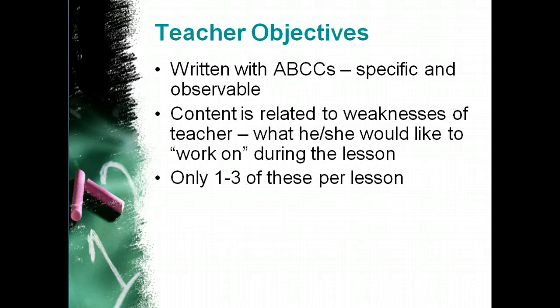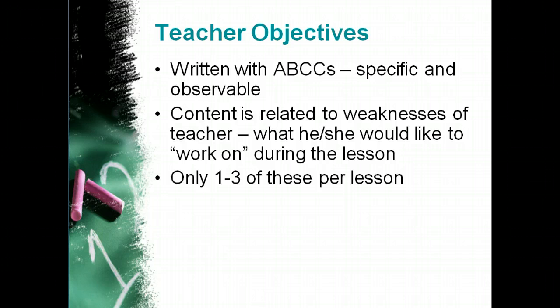The teacher objectives for the lesson are written just with the ABCCs, just like the lesson objectives are for students. They should be specific and observable. The content of these objectives is related to the weaknesses of the teacher, what he or she would like to work on during the lesson. Only 1 to 3 of these should be written on each lesson.